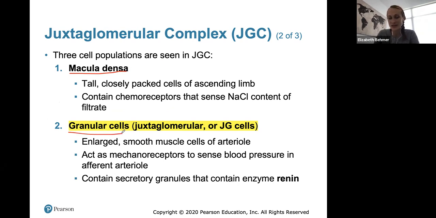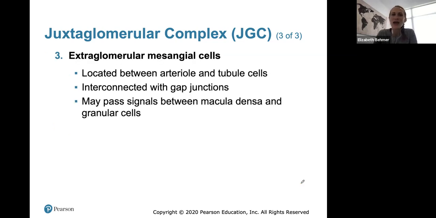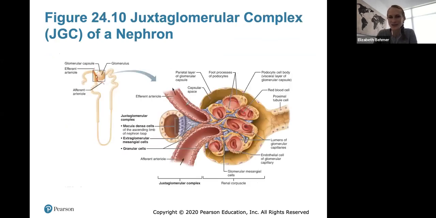You have granular cells, or JG cells. These are enlarged smooth muscle cells. They act as mechanoreceptors to sense blood pressure, and they contain secretory granules that contain the enzyme renin, which helps regulate blood pressure. And then extraglomerular mesangial cells may just pass signals between the macula densa and the granular cells.